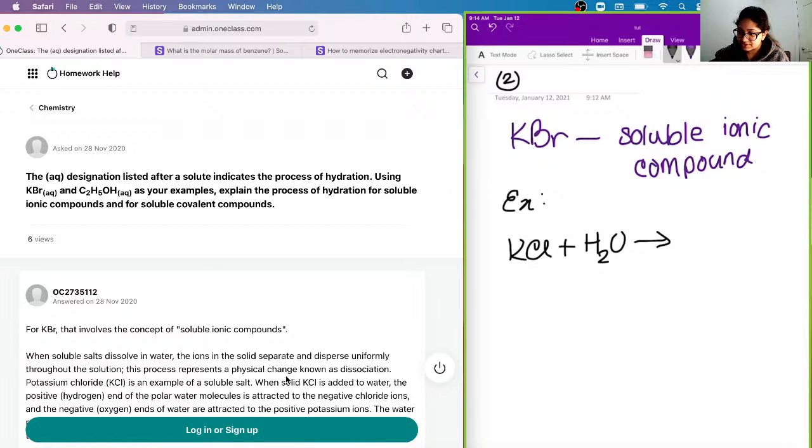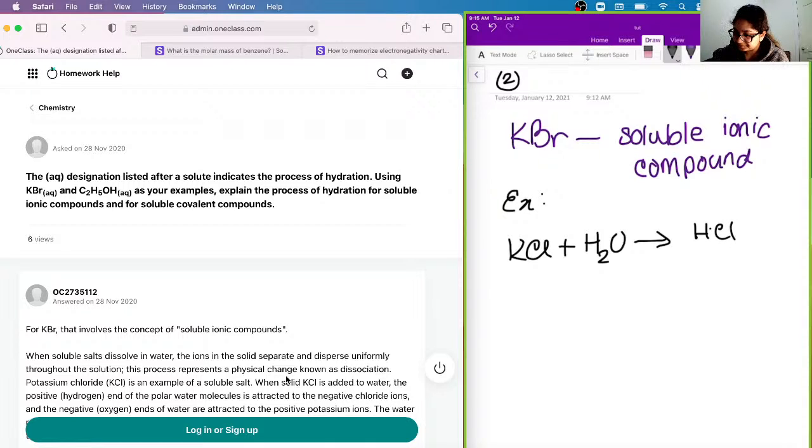The positive hydrogen end of the polar water molecule is attracted to the negative chloride ions.